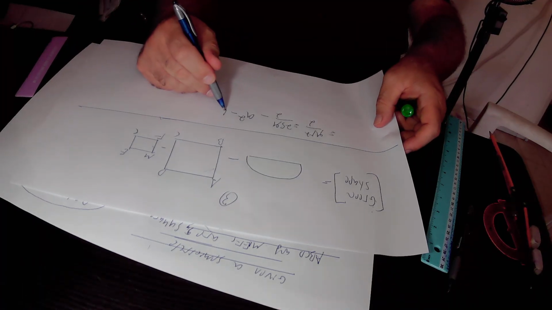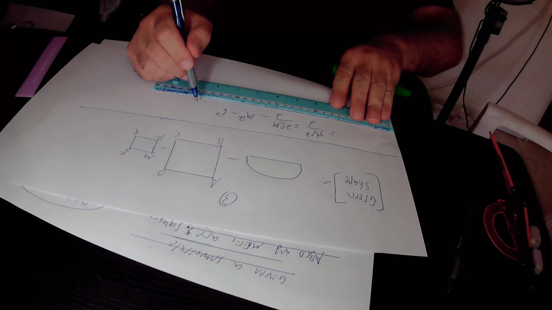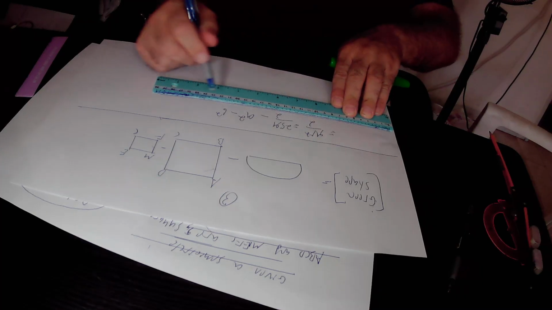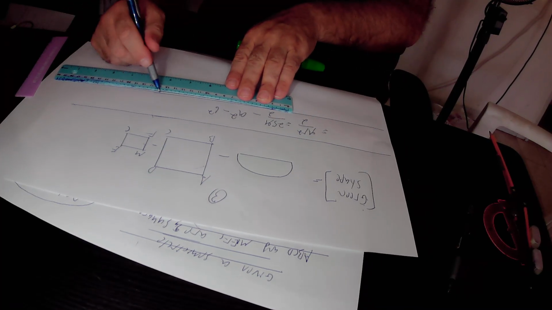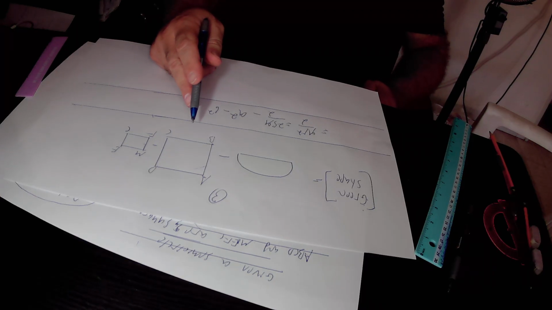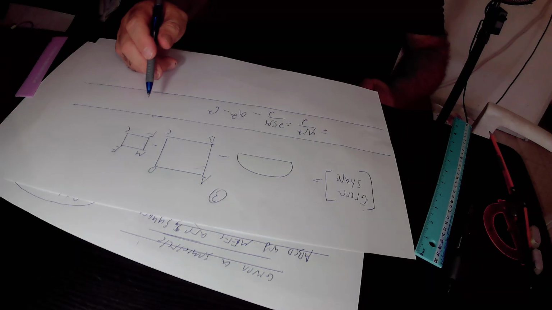So in total, we find that the area of the green shape equals 25 pi over 2, that is the area of the big semicircle, minus a squared, that is the area of the big square, minus b squared, that is the area of the small square MEFC.